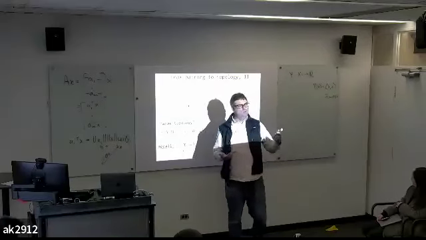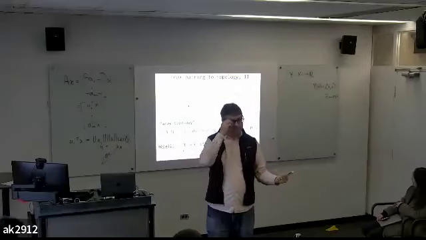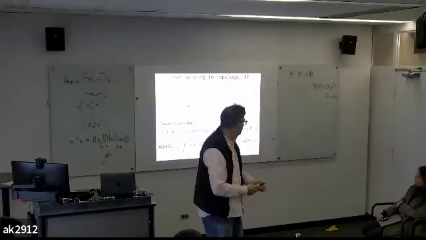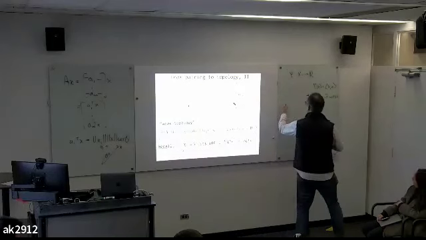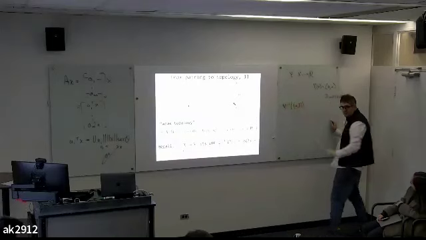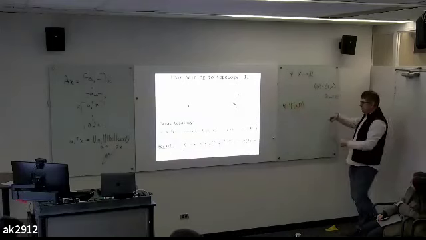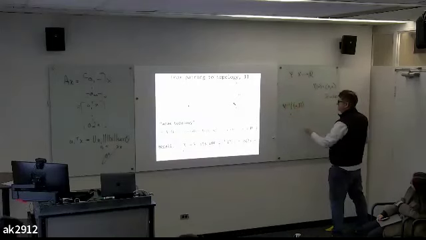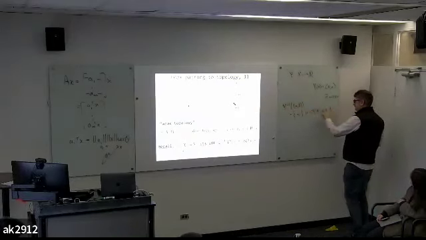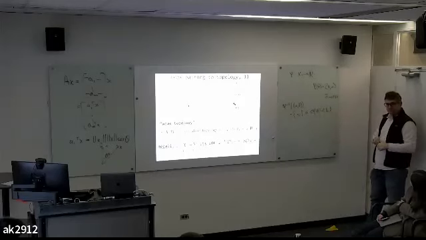Now, what does a typical open set in the reals look like? An open interval, right? So what I want to do is I want to look at the inverse of an open interval. Now, what is that? This is actually the set of X such that this thing is strictly between A and B. Right?